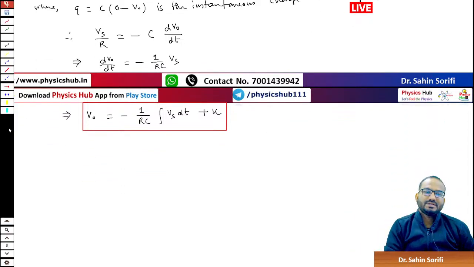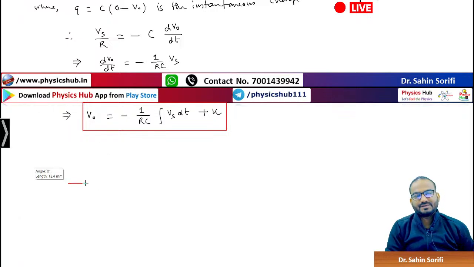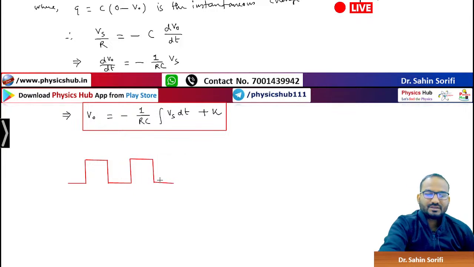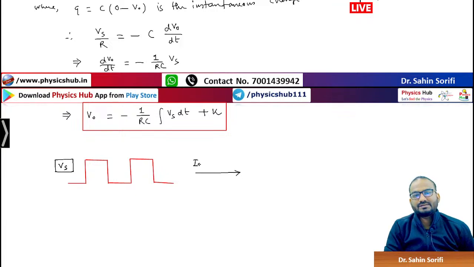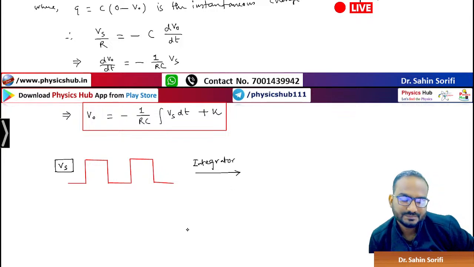Let's say you have a signal like this, a square wave signal. Roughly, I am just telling you that this is your Vs. Now if you pass it through an integrator, what kind of curve will you get?